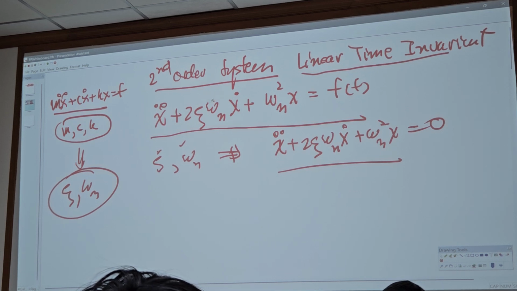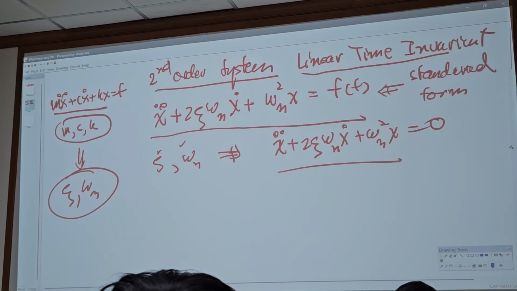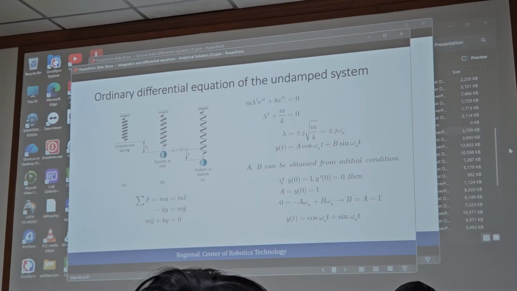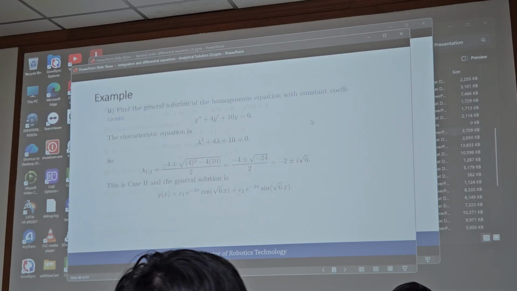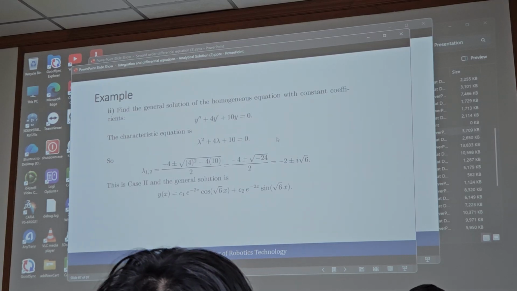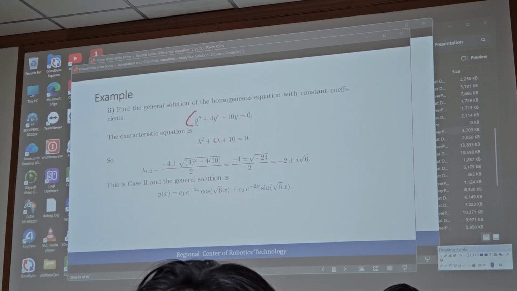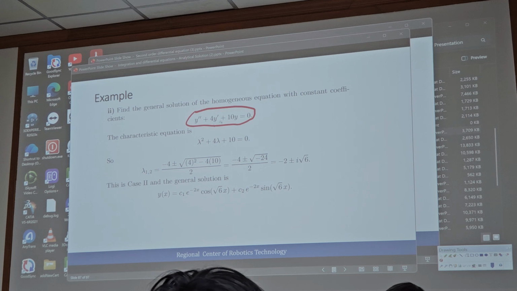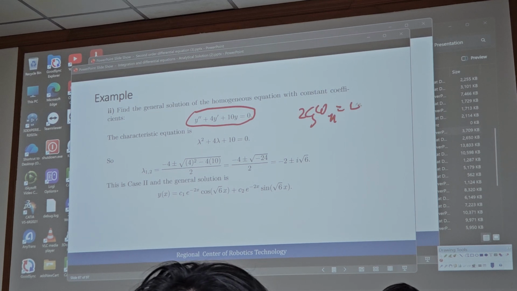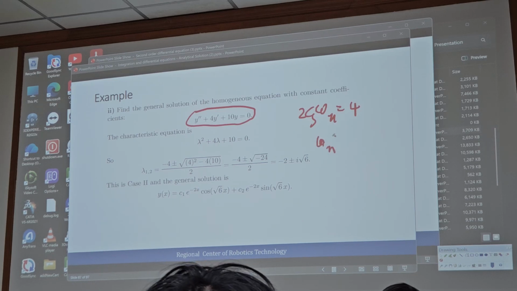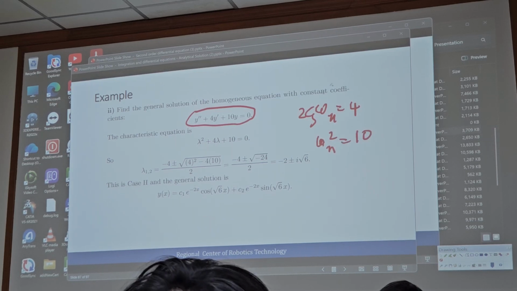Right? Sometimes I call it the standard form. Okay, it's standard form. So look at this one. See, you have this one. If I write it in this one, you have 2 psi omega n equal to 4, omega n squared equal to 10, right?